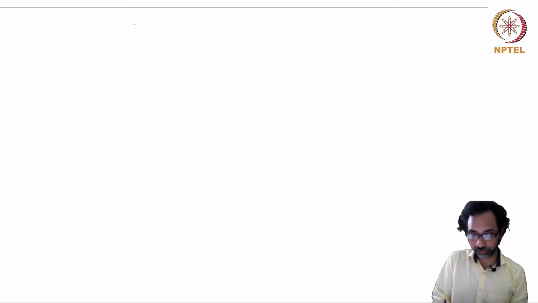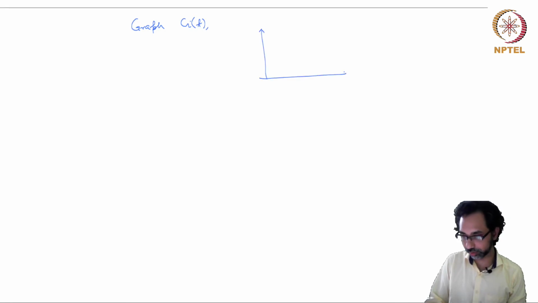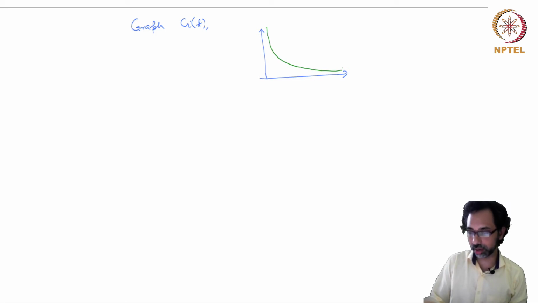So the graph of Ci(t) looks something like this. It has a vertical asymptote near t equal to 0. So this is our Ci(t).